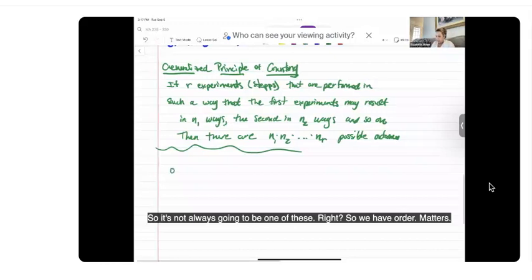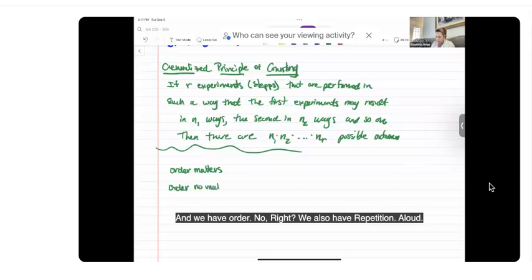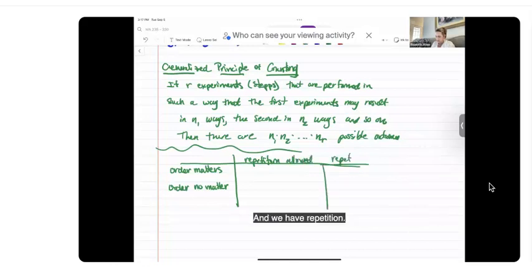So we have order matters, and we have order doesn't matter, right? We also have repetition allowed, and we have repetition not allowed.